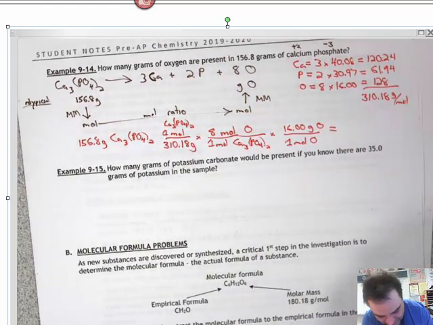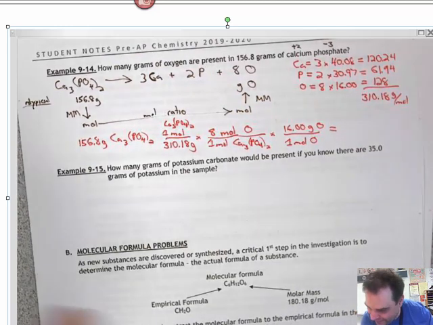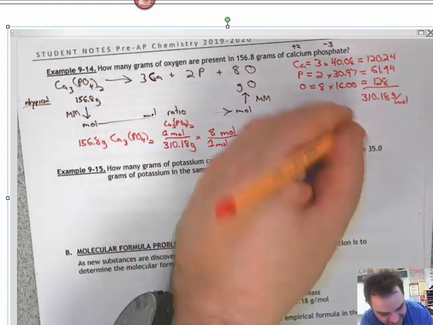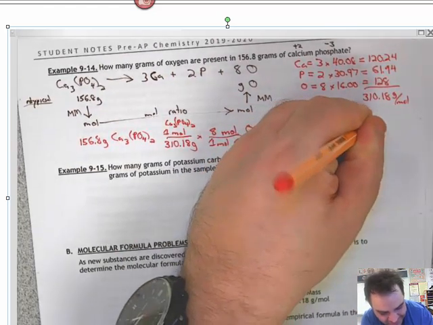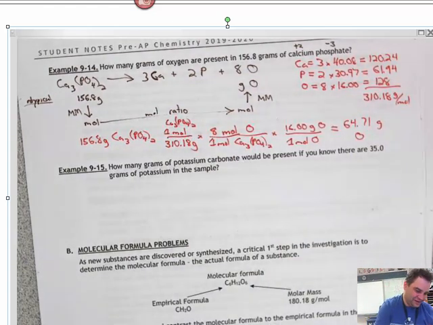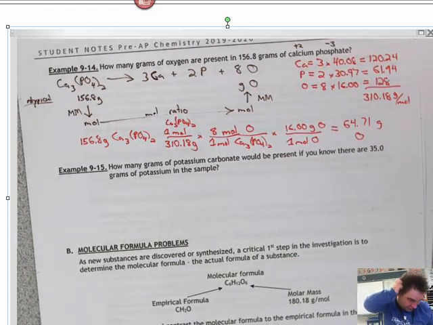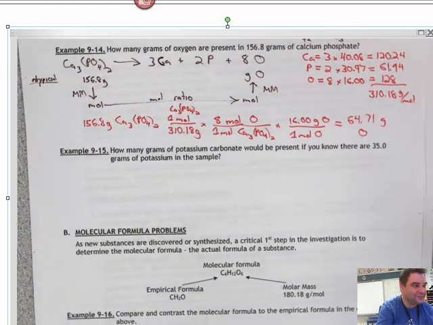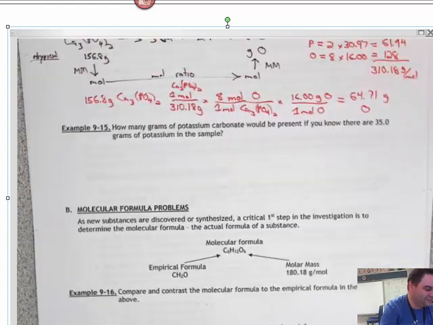It gets confusing with the labeling. And we got 4 sig figs here, so we're going to do 64.71 grams of O in calcium phosphate. Okay, one more we're going to do here.